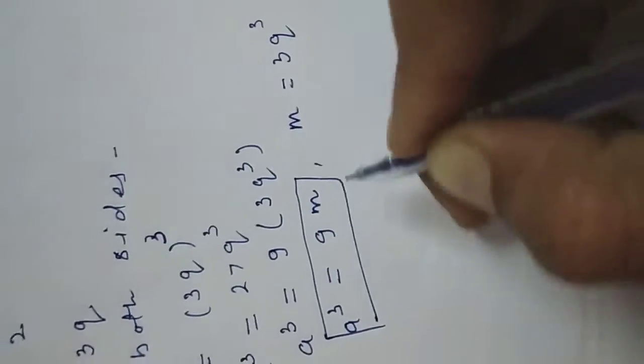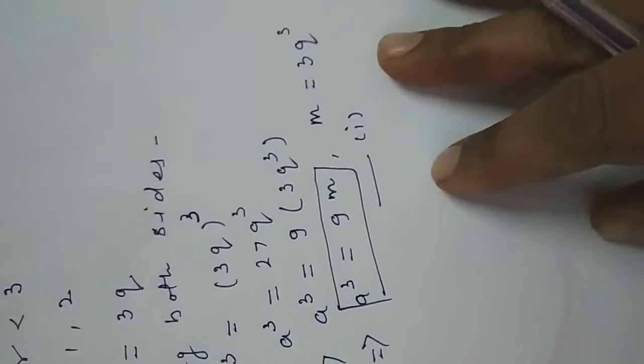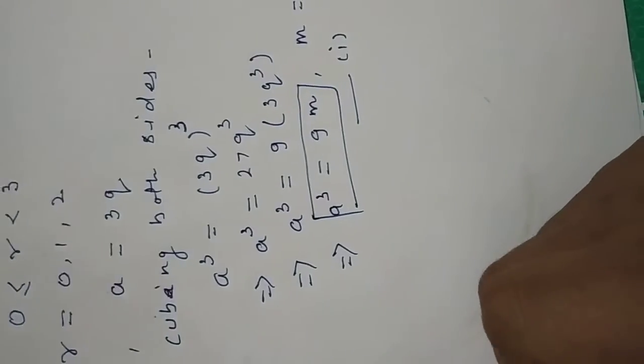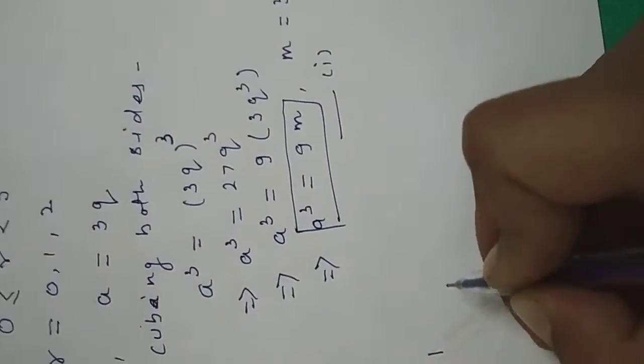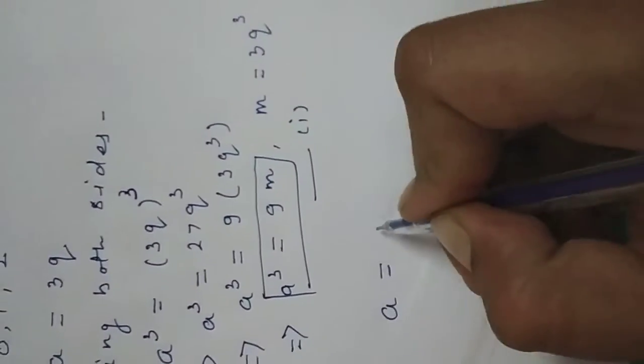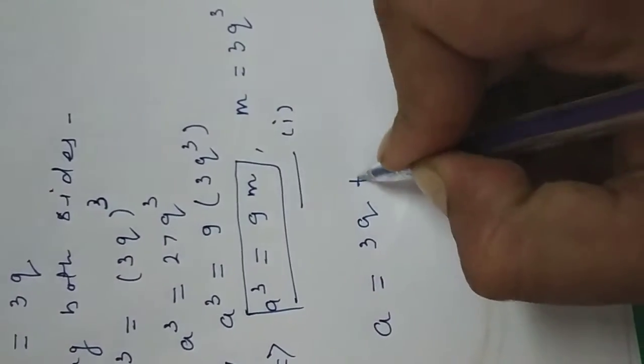So we have obtained one form. Now, when r is equal to 1, in this case, a is equal to 3q plus 1.